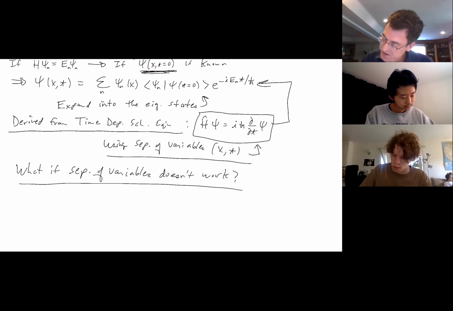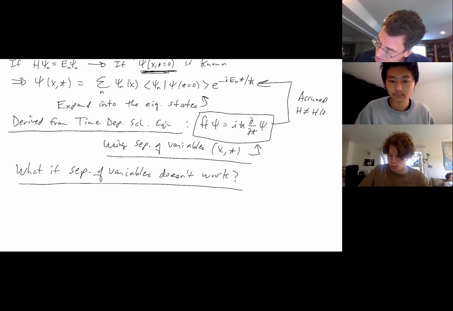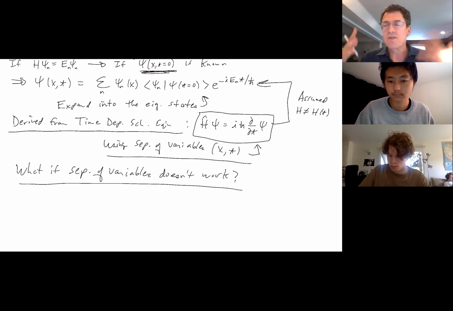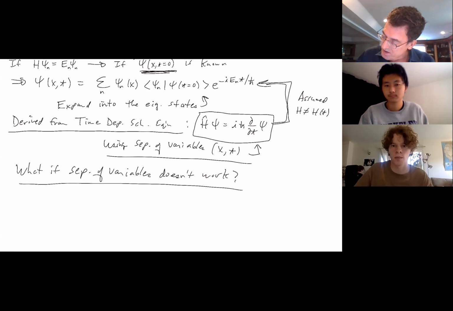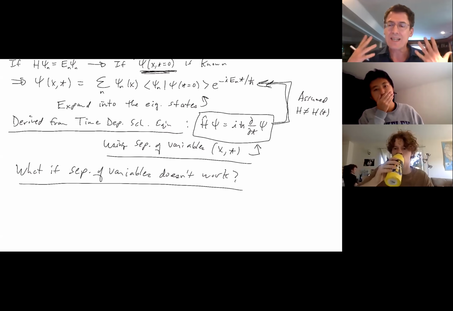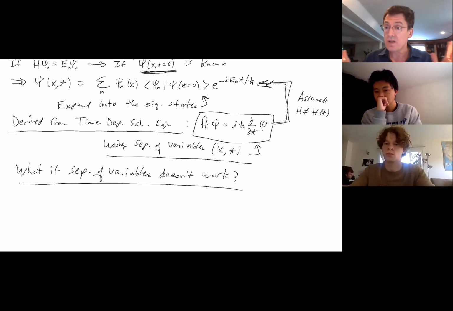In other words, when you did this derivation, you assumed that the Hamiltonian does not depend on time. You might not even remember that, because it was last year sometime. But that's what you did. To do this step from here to here, you assume that the Hamiltonian is not depending on time, that it's constant. And then you can do your separation of variables trick.